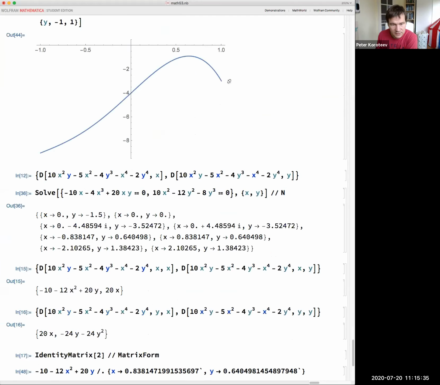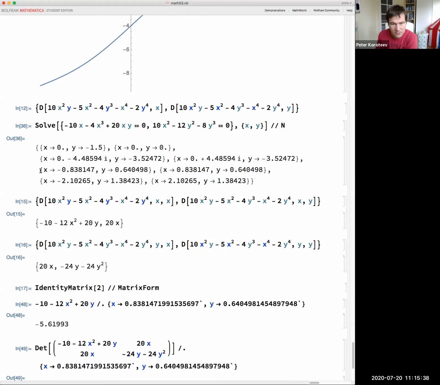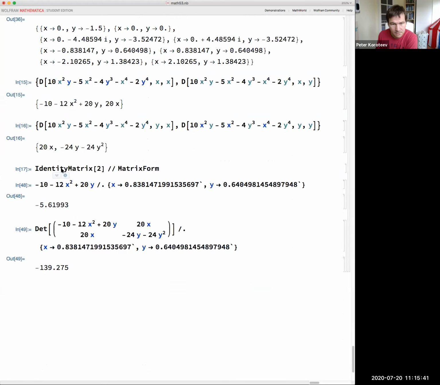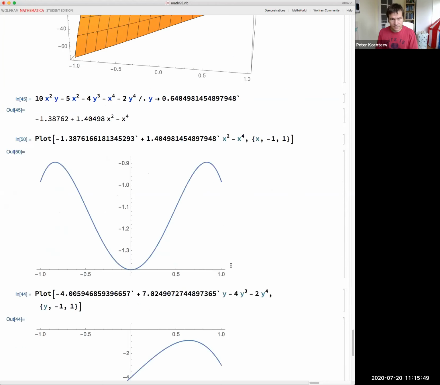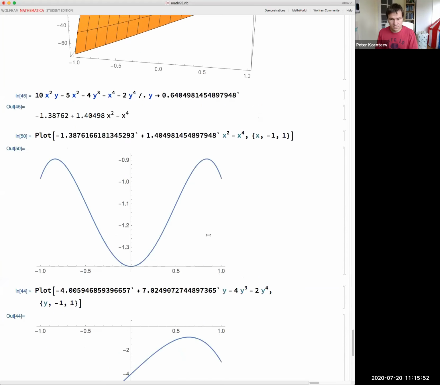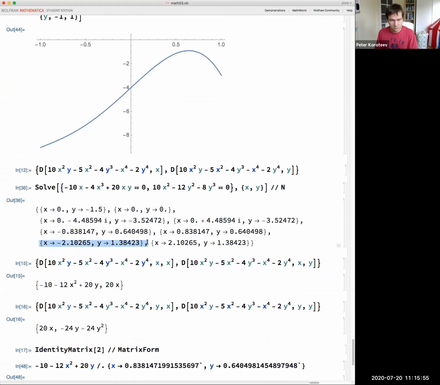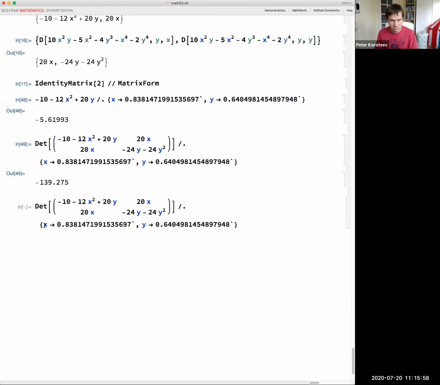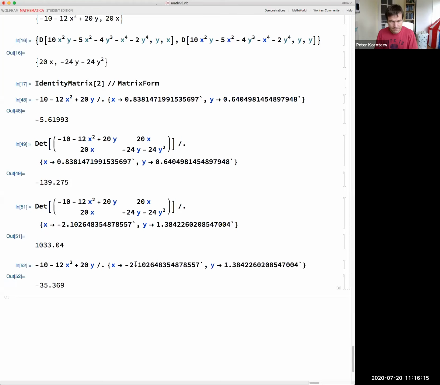I'll just check if I did the right calculation. So here the determinant is negative, right? Okay, and then let me check that one. The determinant is positive, and the second derivative is negative, right?